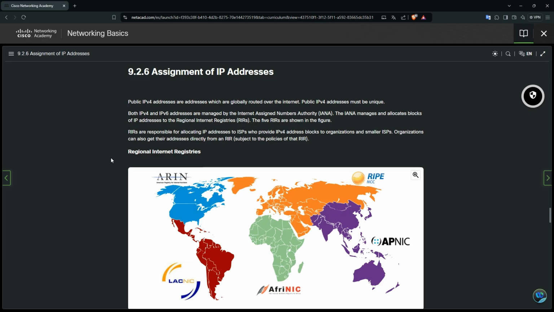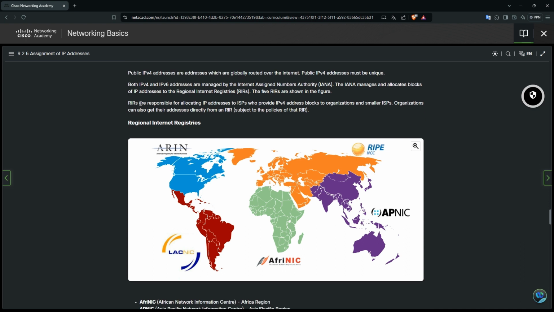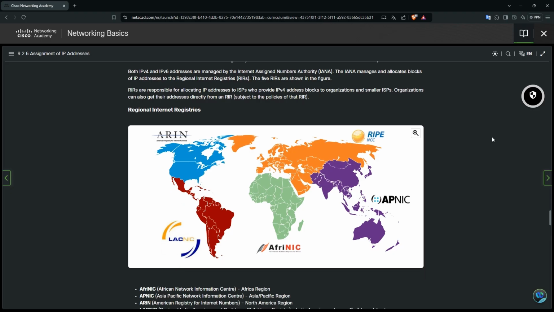The five RIRs are shown in the figure. RIRs are responsible for allocating IP addresses to ISPs, who provide IPv4 address blocks to organizations and smaller ISPs. Organizations can also get their addresses directly from an RIR, subject to the policies of that RIR.